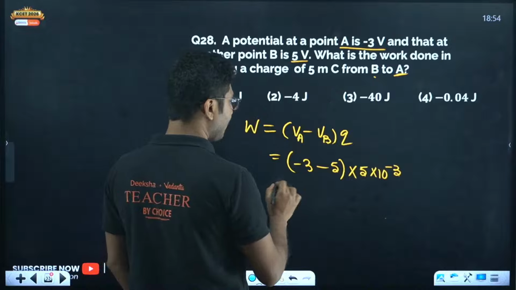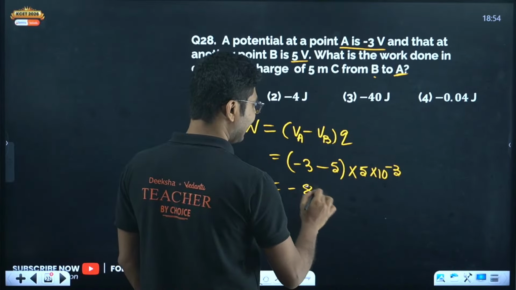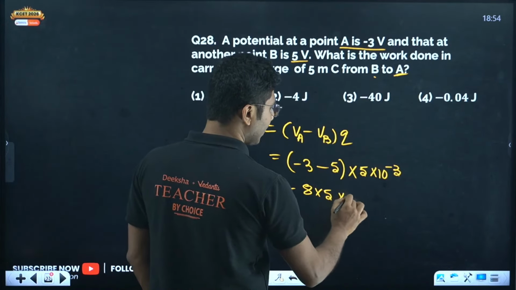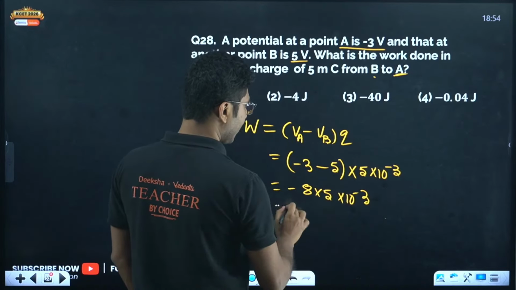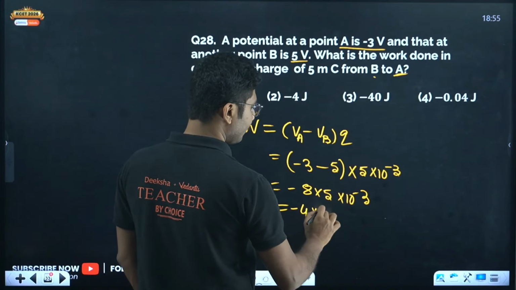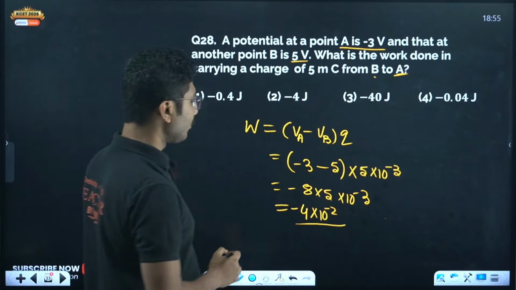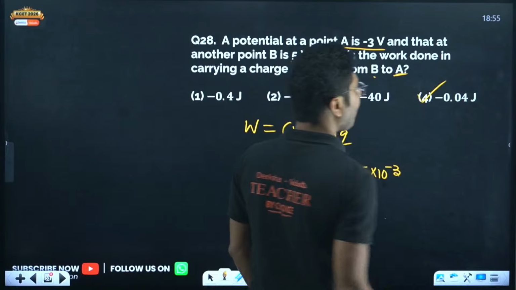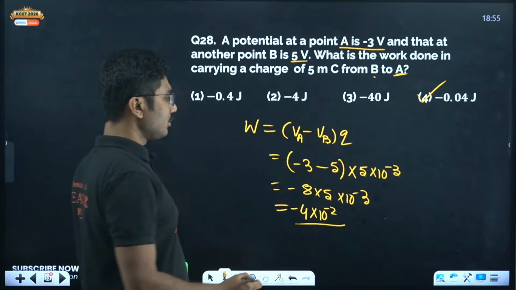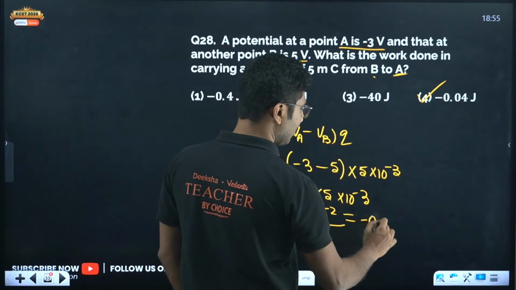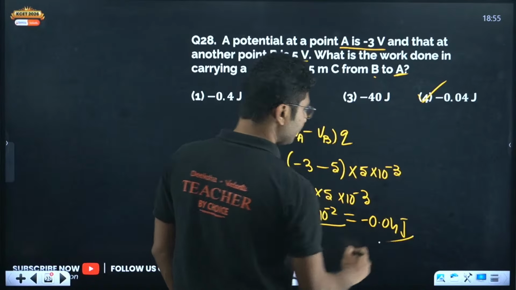Milli means 10 to the power of -3, so it will be -8 into 5 into 10 to the power of -3, that is -40 into 10 to the power of -3, that is -4 into 10 to the power of -2, that is minus 0.04 joules.